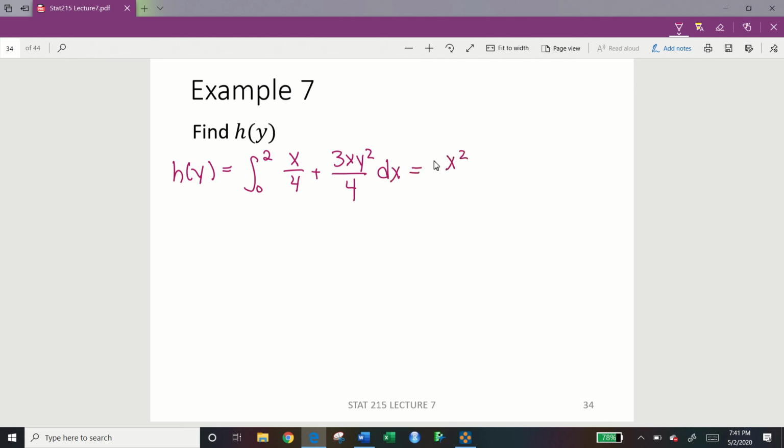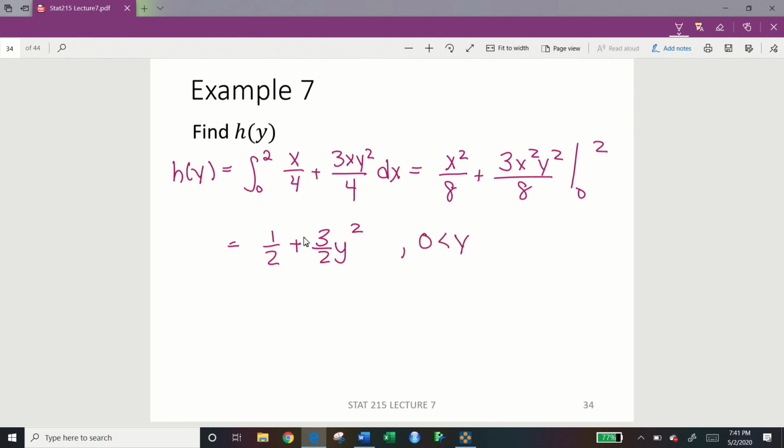This will be x squared over 8 plus 3x squared y squared over 8 from 0 to 2. This will equal 1/2 plus 3/2 y squared on the bounds from 0 less than y less than 1.